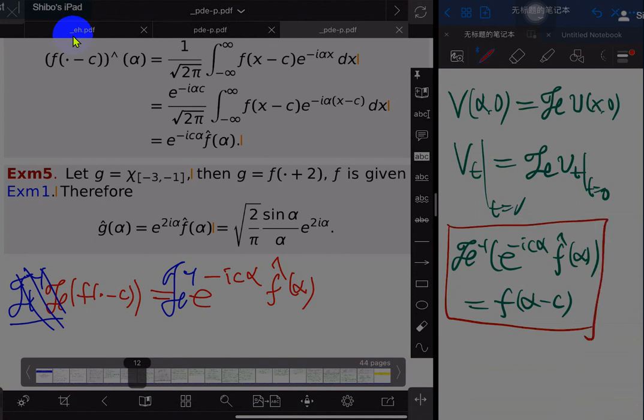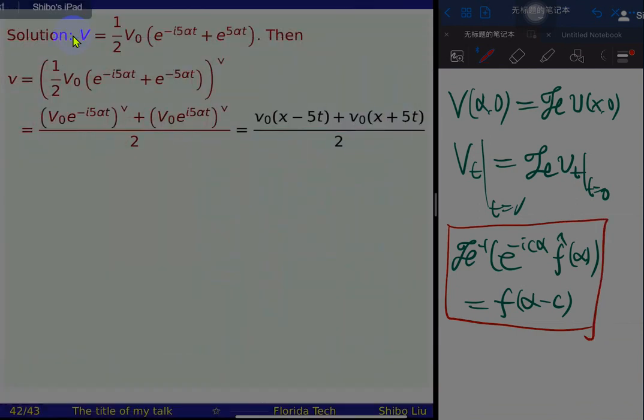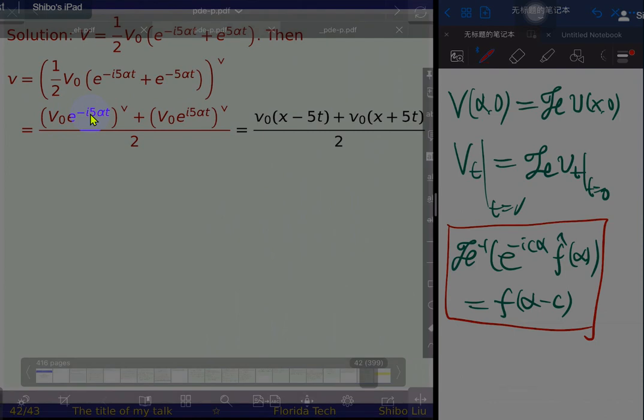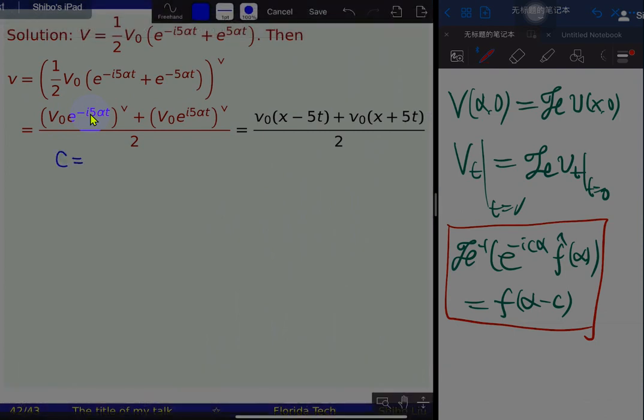Now let's go back to our computation. Compare our V0 term. In this case, the c is what? The c is for the first, 5t.